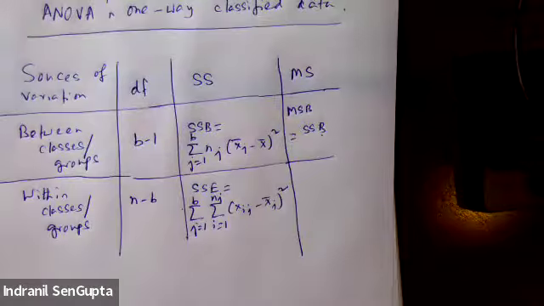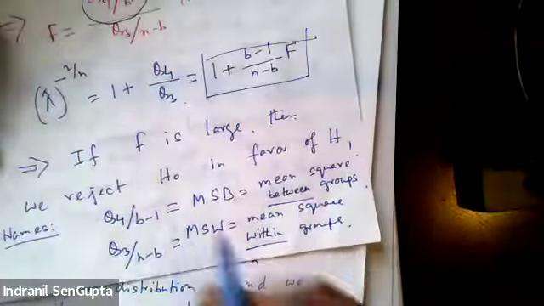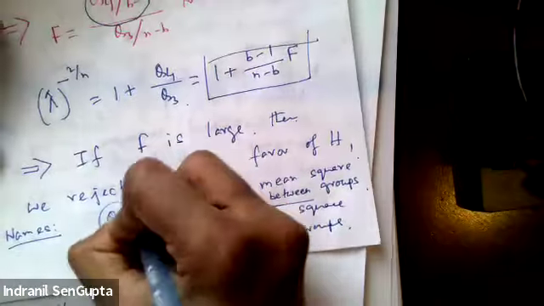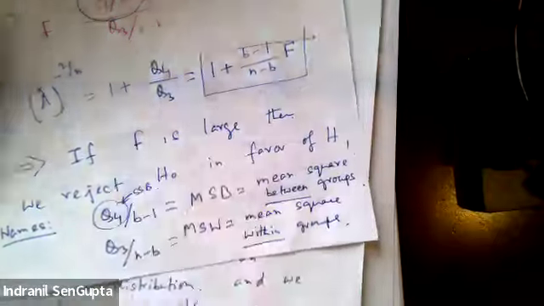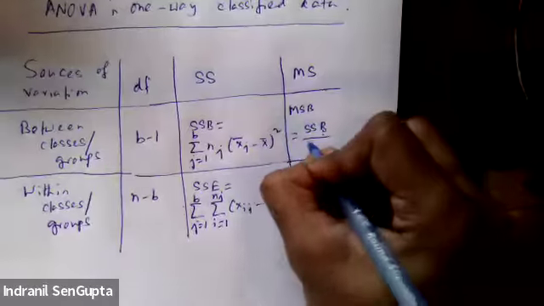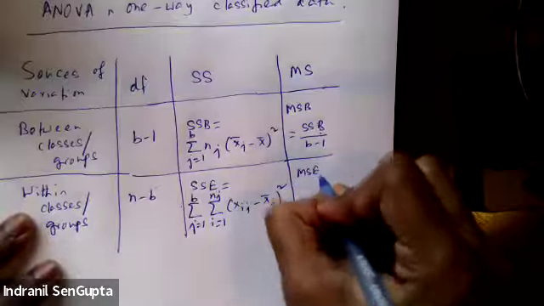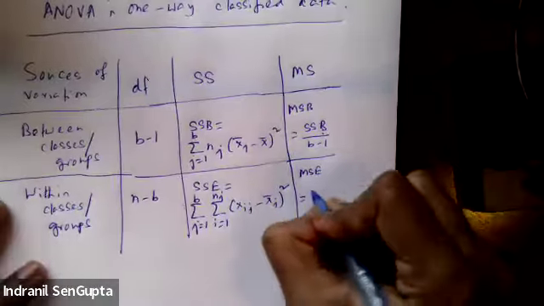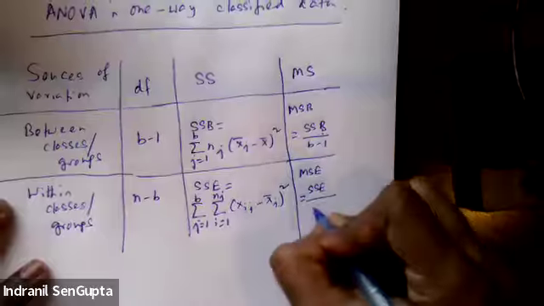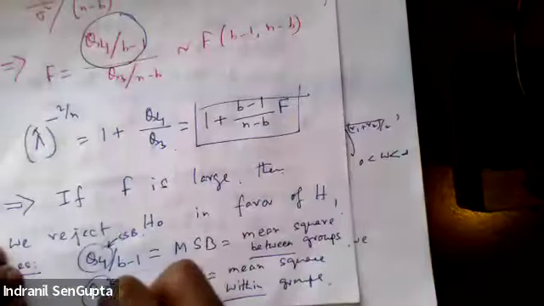I'm talking about this one. MSB is SSB over b minus 1, right? And then MSE equals SSE over n minus b.